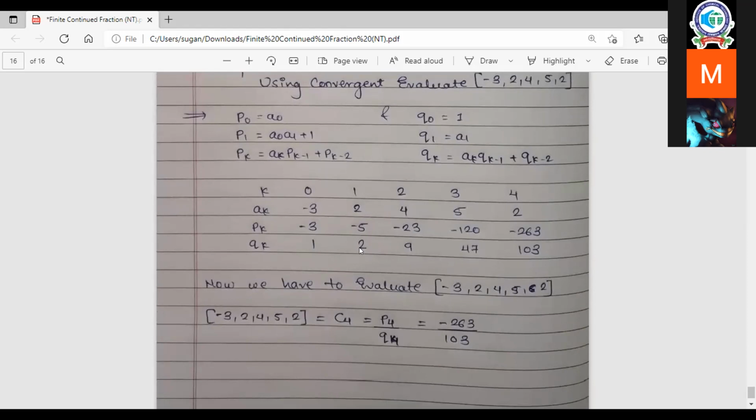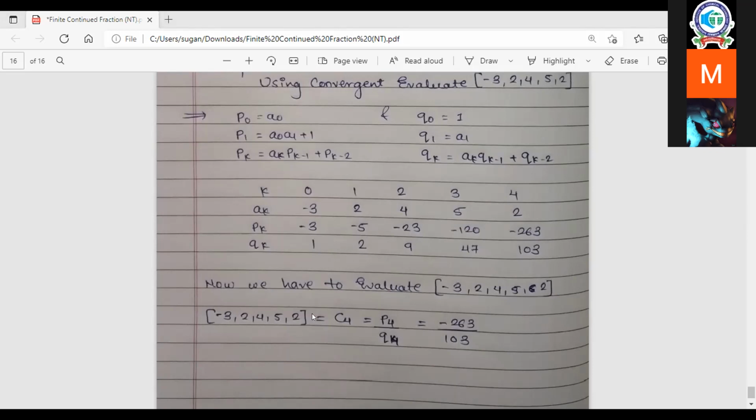Let us assume it is a matrix: minus 3, 1 is the first column and minus 5, 2 is the second column. What is the determinant of that 2 by 2 matrix? Minus 3 into 2 is minus 6, and the determinant is minus 1. Okay, good.